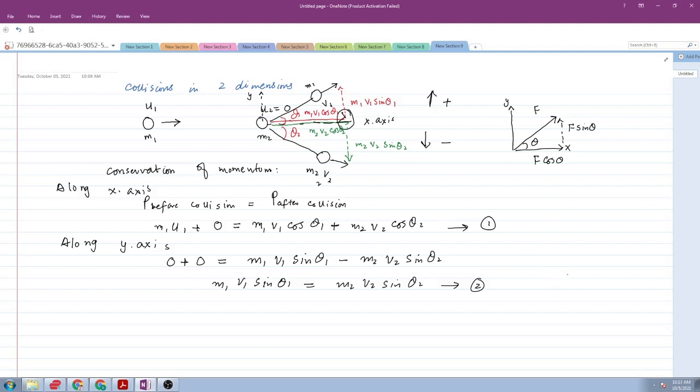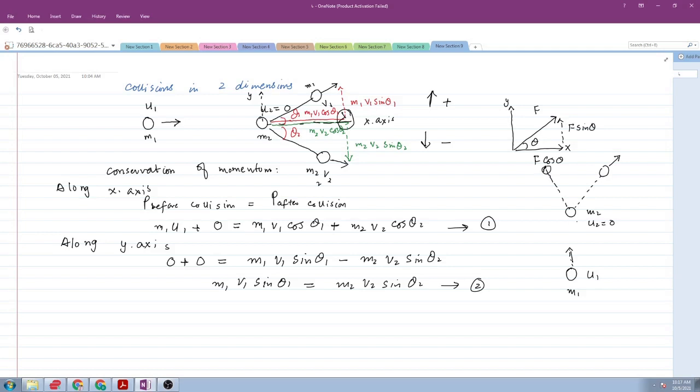But suppose the examiner gives you the situation along the y-axis. Before collision, this is your incident ball, this is our target ball, and this ball is moving toward the target with velocity u1, mass m1, and m2 with velocity u2 equal to 0. After that, suppose one is going toward this side, the target one, and the incident one is going this way.